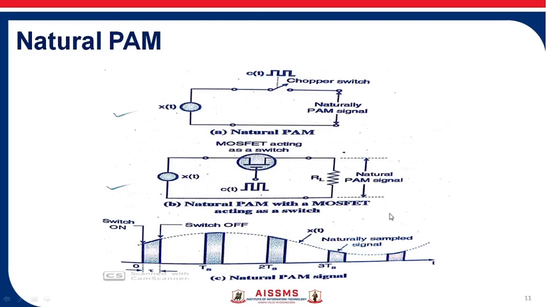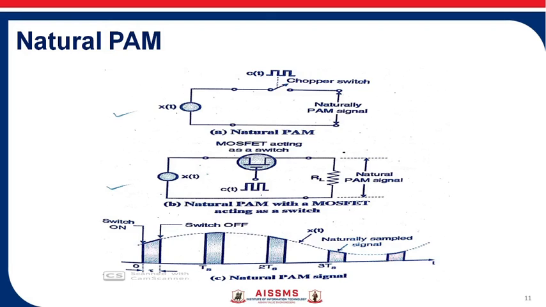Then here we are going to see the first type of analog pulse modulation, that is the natural PAM, pulse amplitude modulation. This is the circuit diagram for generation of the natural PAM.